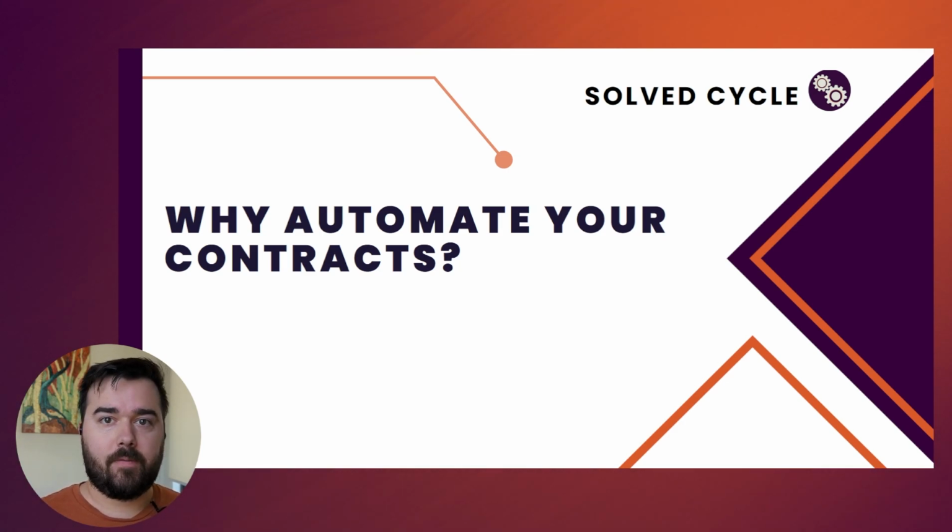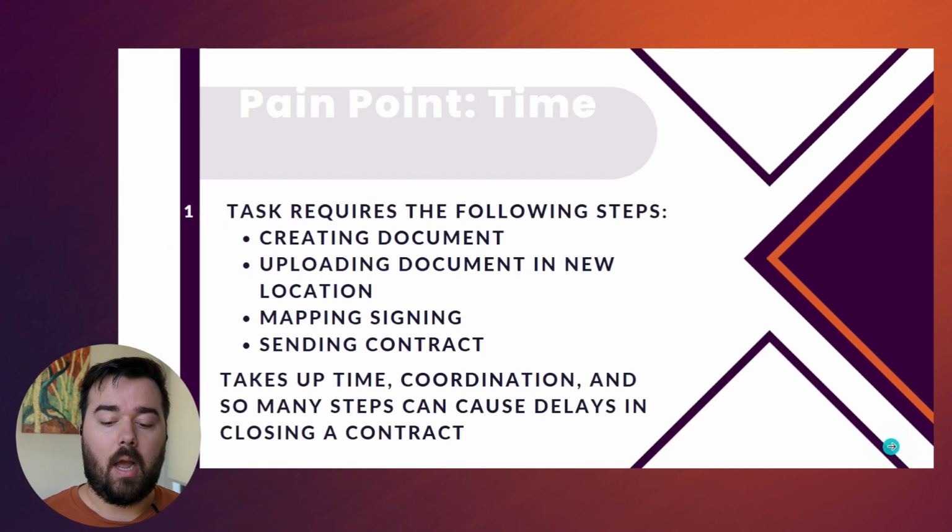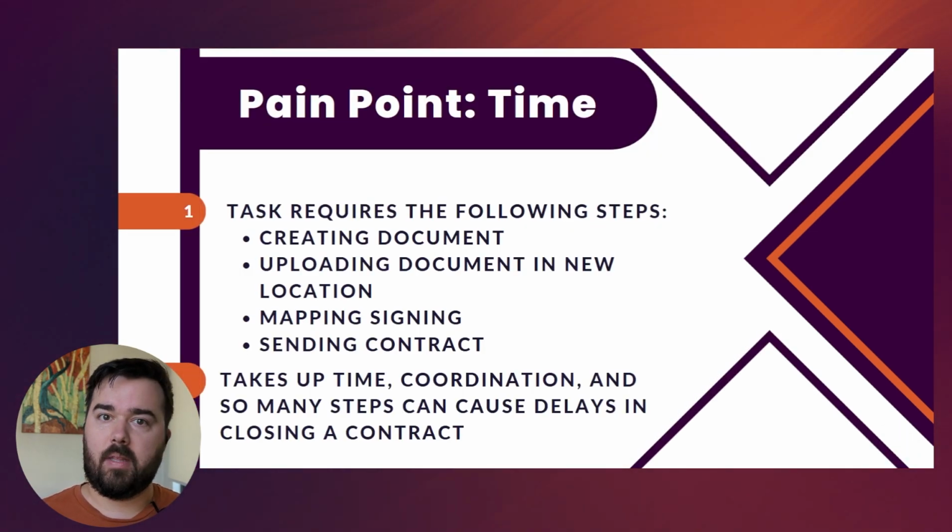So first things first, the question is, why would you want to automate your contracts? You may think that this process is going to be too rigid or too inflexible and that it's not really worth the time investment. Well, I want to have you consider the main pain point with writing contracts.